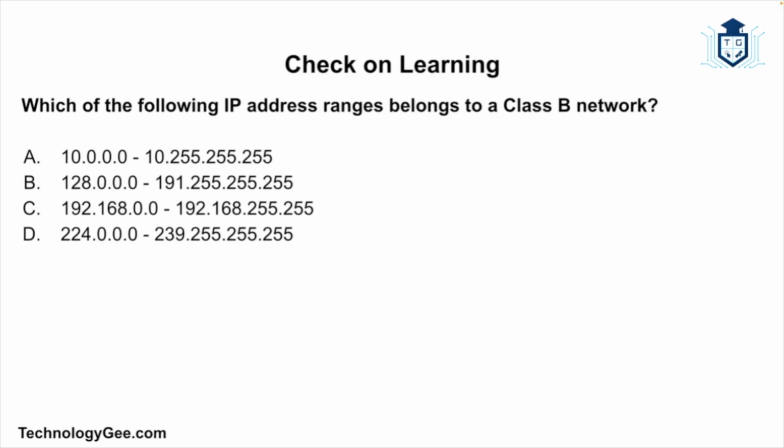So the first question is, which of the following IP address ranges belongs to a Class B network? Would it be 10.0.0.0 through 10.255.255.255? Would it be 128 through 129? Would it be 192.168.0.0 through 192.168.255.255? Or would it be 224.0.0.0 through 239.255.255.255?